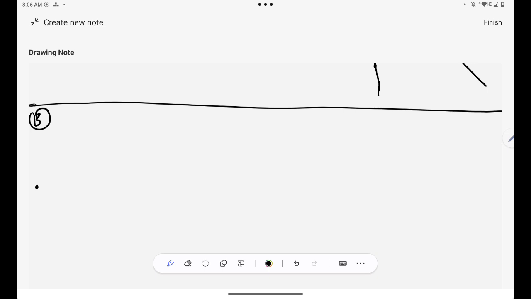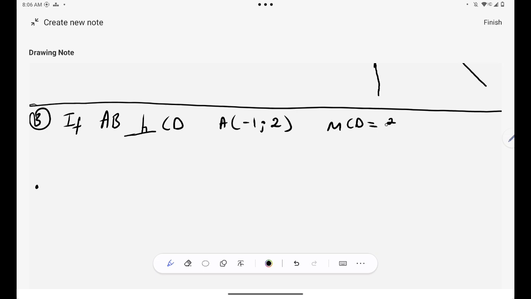Option number 3 simply says that if you have line AB which is perpendicular to line CD, are you together? And A is equal to negative 1. The coordinates of A are negative 1 and 2. The gradient of CD is 2 over 3.